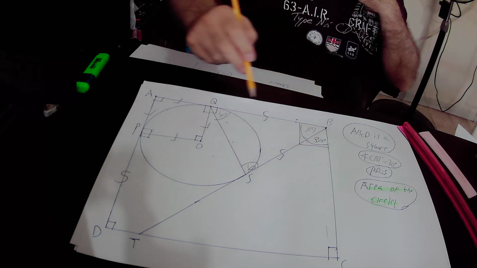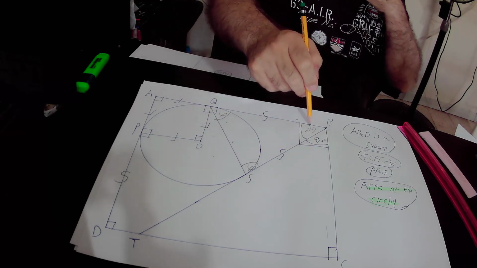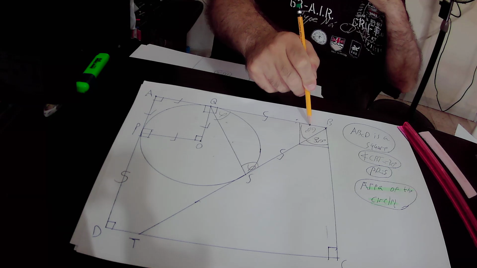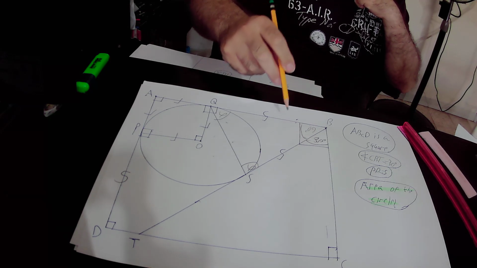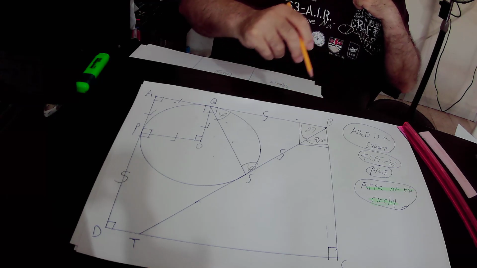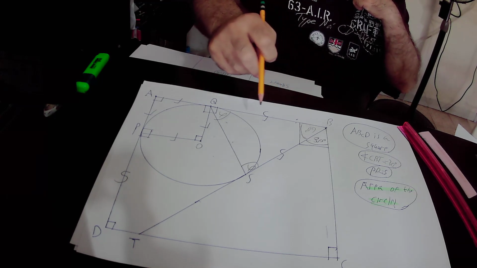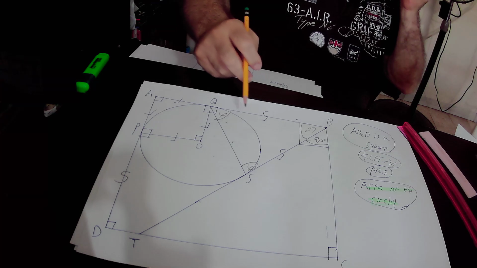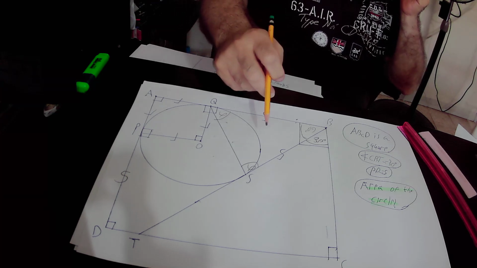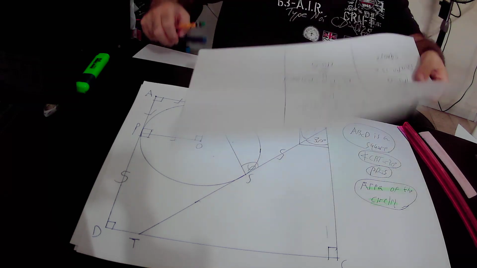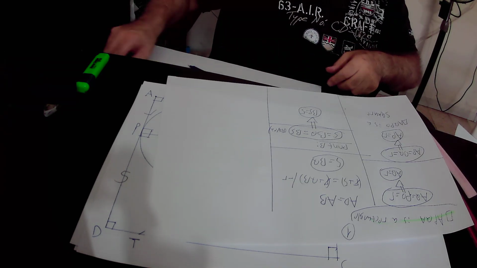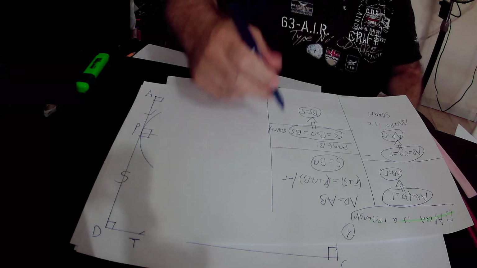In this triangle SQB, this angle equals 60 degrees. Therefore, the sum of the other two angles must be equal to 180 degrees minus 60 degrees. 180 degrees minus 60 degrees is 120 degrees. That is to say, alpha plus alpha must be equal to 120 degrees.